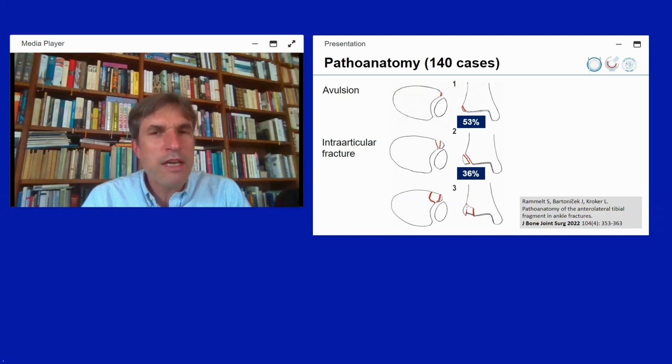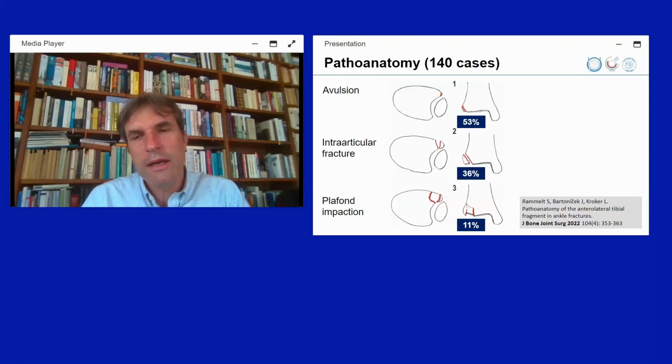That means if they are displaced, one should really consider fixing them. And the worst type of fracture were those with an impaction of the plafond. So probably these are transitional injuries to an anterior pilon fracture, just like in supination adduction injuries where there is impaction of the medial plafond.